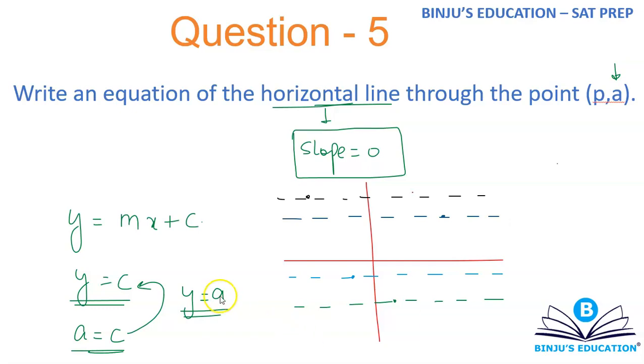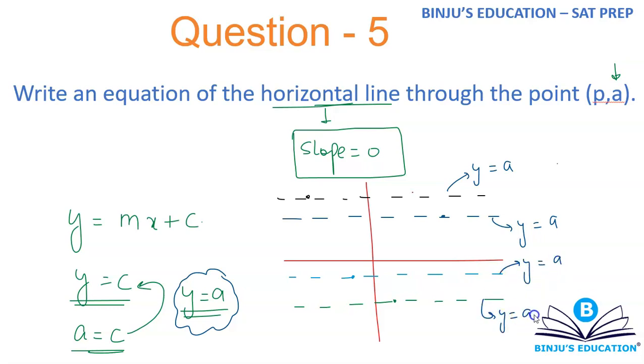That means you can simply say that for the line, y has to be equal to a, because the y coordinate is not changing. So whether you take this, this will be y is equal to a, this is also y is equal to a, this can also be y is equal to a. Unless and until you know the value of a, you can't go any further. So this is what you can understand graphically also.